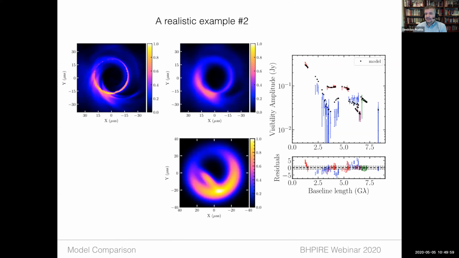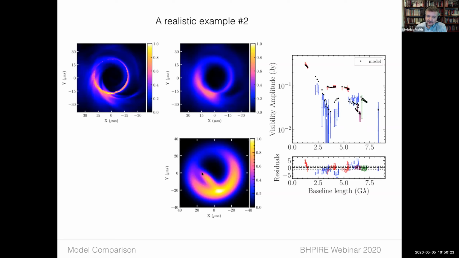If you look at the data points now, the model predictions and the residuals, I did much, much better, clearly. But if you look at the best fit image that comes out of that, first of all, you see that again the size is not right, about 50% larger. Again, because the salient feature is missing.